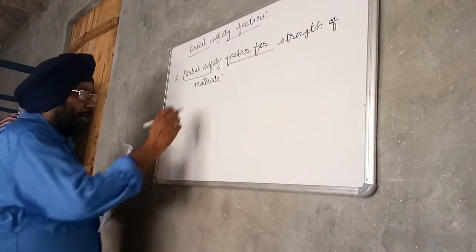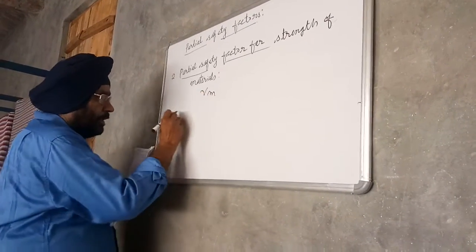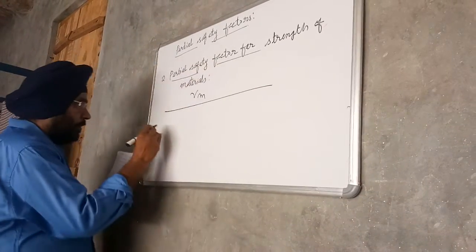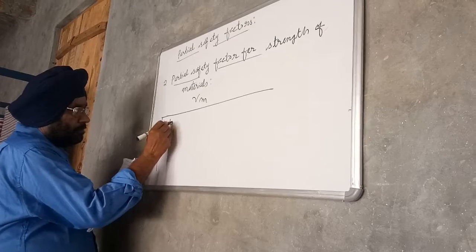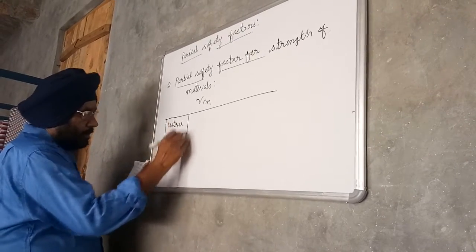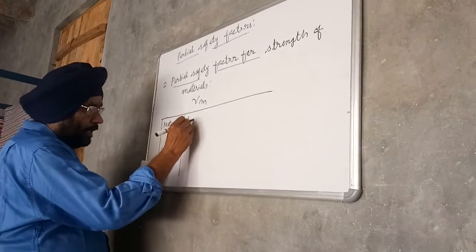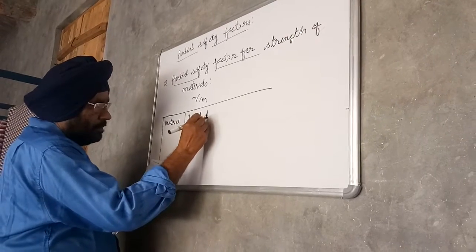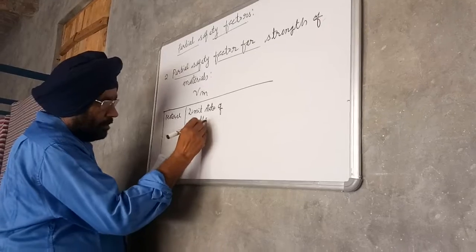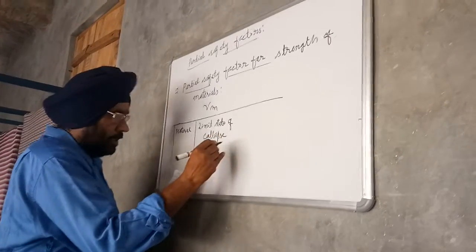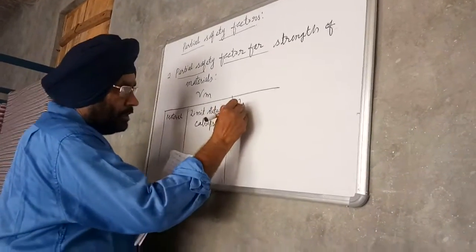the value of gamma m, the table says material, and this is limit state of collapse and this is limit state of serviceability.